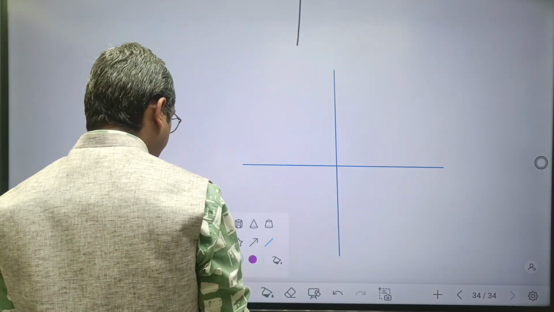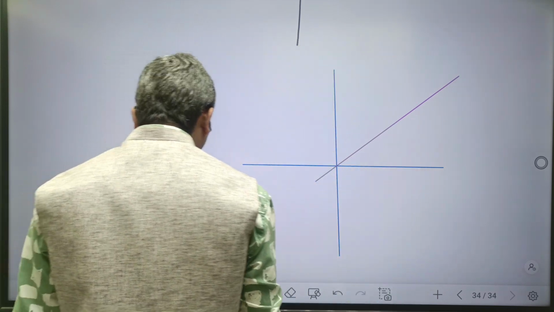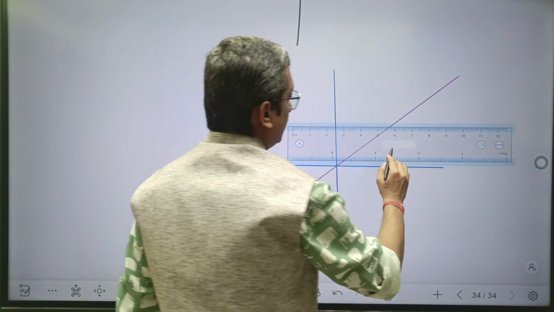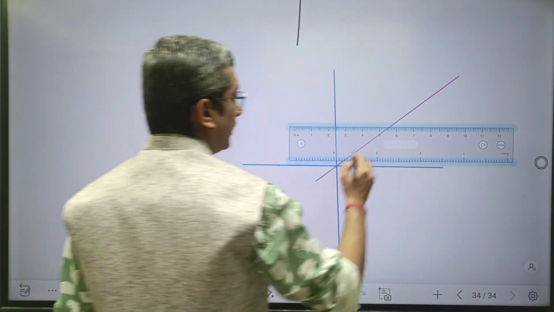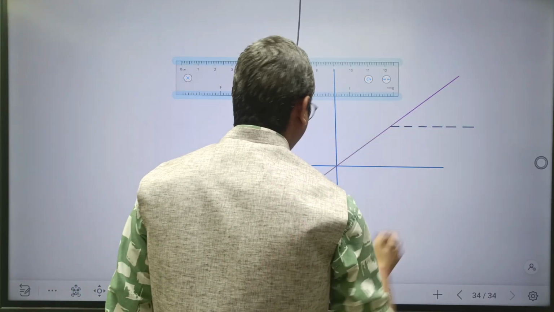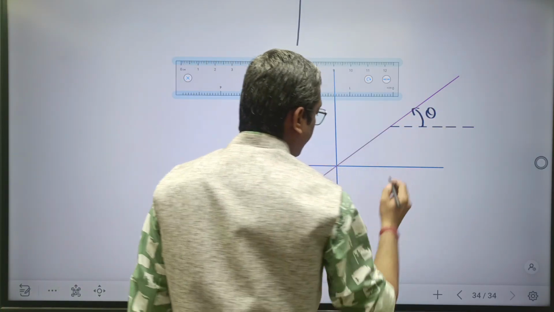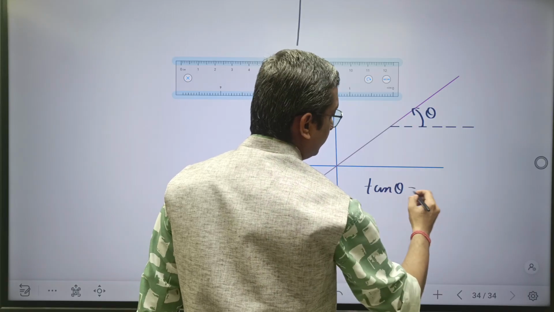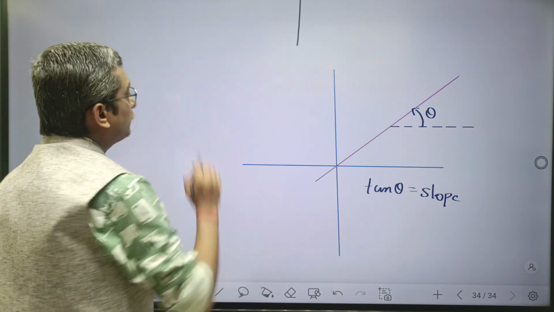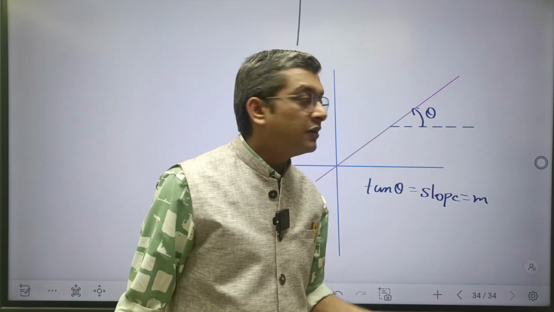Whenever you are asked to find the slope of any line, suppose this is a line, the very first step is to construct a line parallel to the x-axis, and then take this theta, and if you take its tan theta, this will give you the slope. Are you getting it? So slope is equal to tan theta, represented by m, and theta is taken in this way.